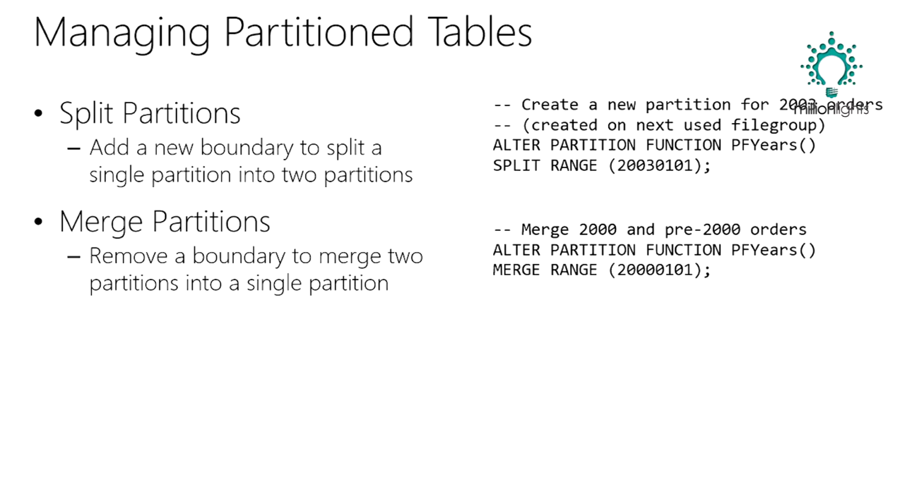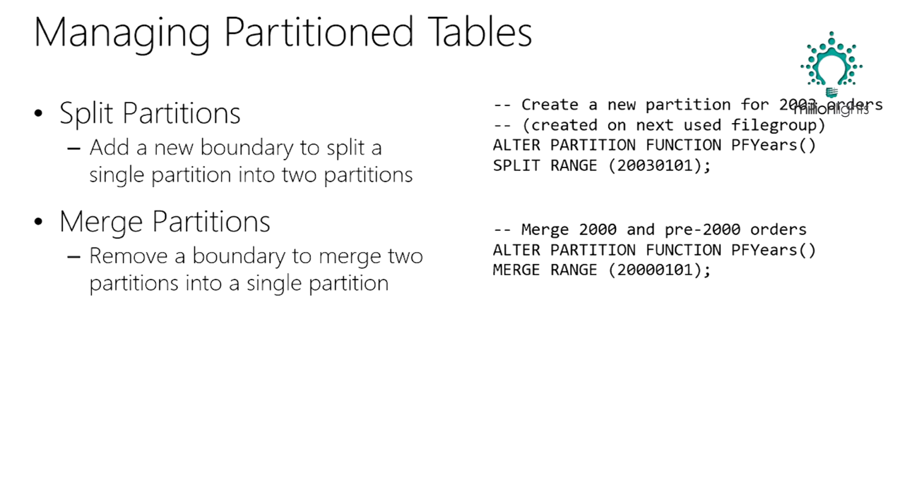So we have this sliding time window, where we've split the newer partitions, so we've split 2002 and 2003 data, and 2003 onwards is going on there. But at the other end of the time spectrum, we may want to merge, in this example, pre-2000 orders with 2001 orders, for example.